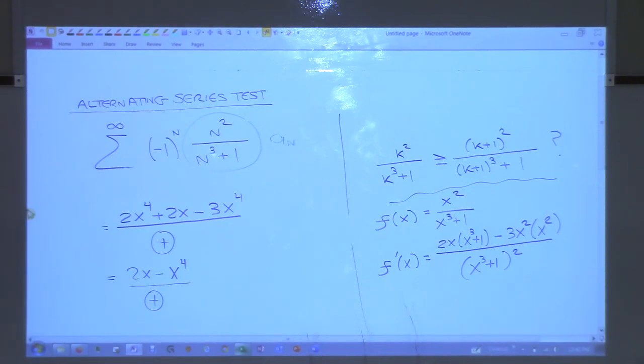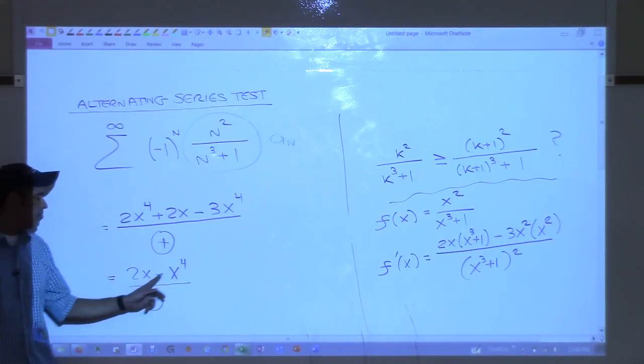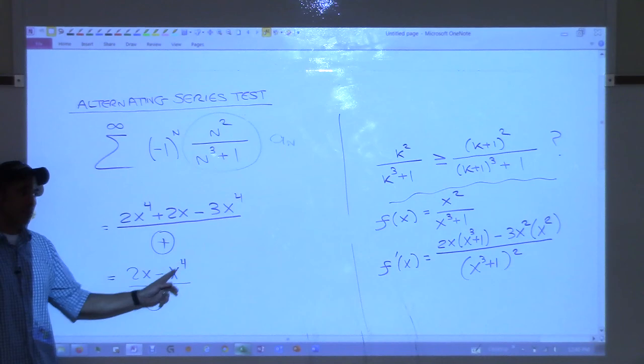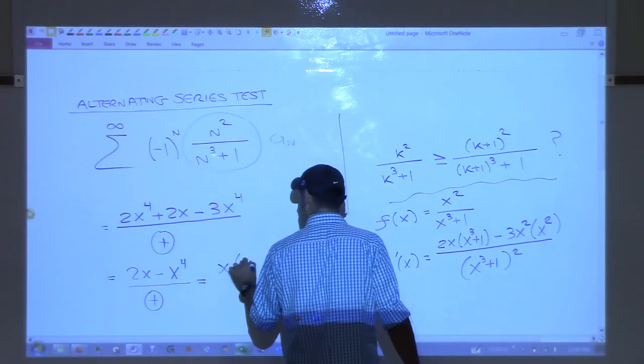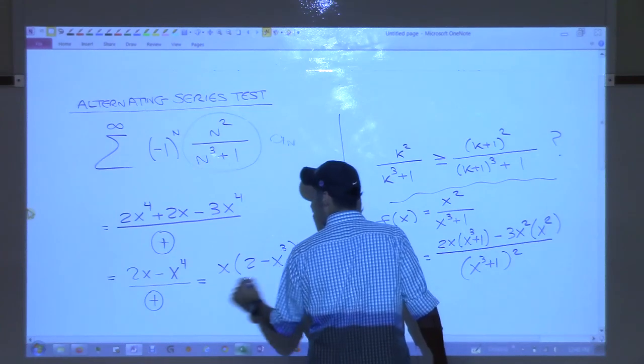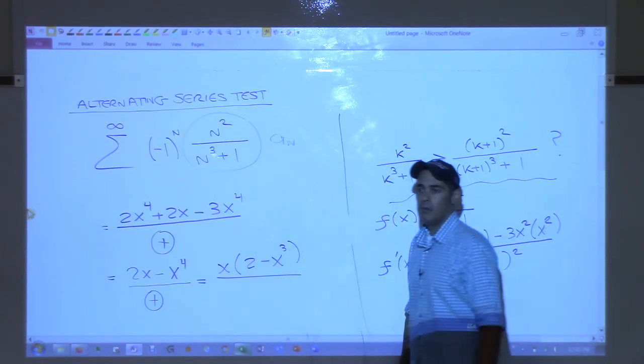So is that negative? When I plug in 1, what do I get? 2 minus 1, which is positive, right? But after that, what happens? Now it's going to be 2 times 2 is 4, but then the x to the fourth is going to dominate it, isn't it? If you don't like that, you can pull an x out and look at it that way.